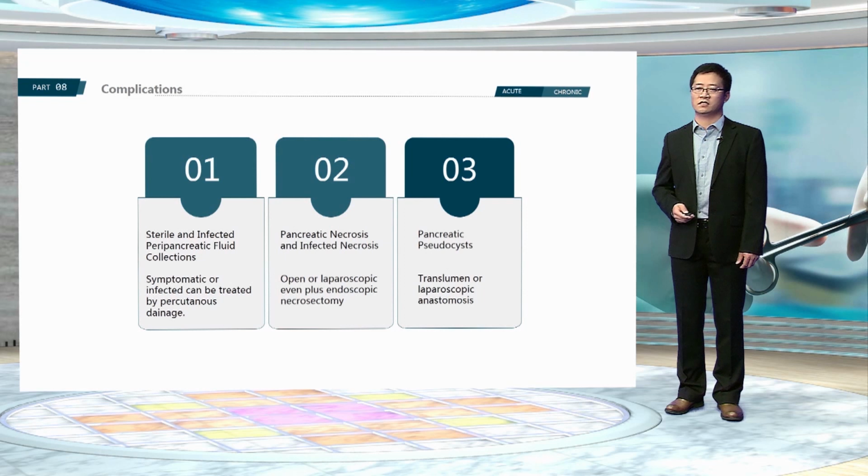Necrosis and infected necrosis: nowadays, we can perform an open or laparoscopic approach, even plus endoscopic-assisted necrosectomy. For pancreatic pseudocyst or walled-off necrosis, transluminal or laparoscopic anastomosis may help.